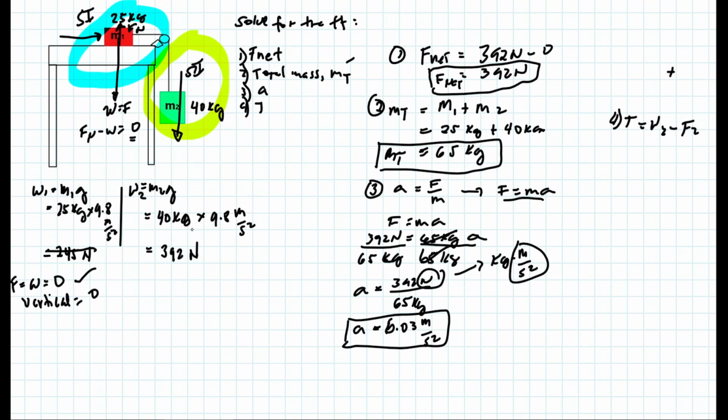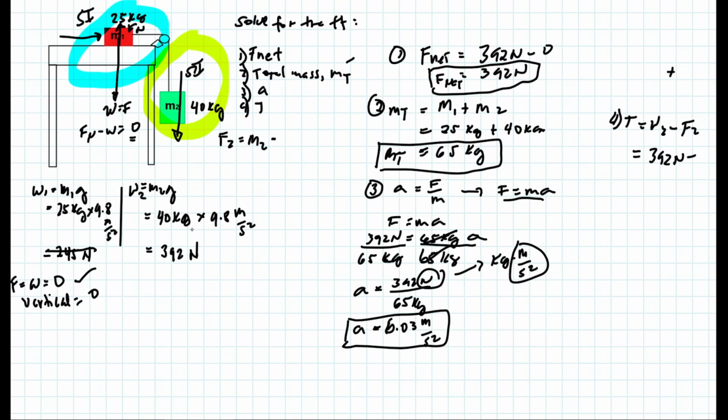For tension 2, we selected system 2 in order for us to check the tension that is present in the string. So, we just simply plug in the value for W2. We have 392 newtons. And our F2 is not yet computed. So, let's compute the F2 for this system.